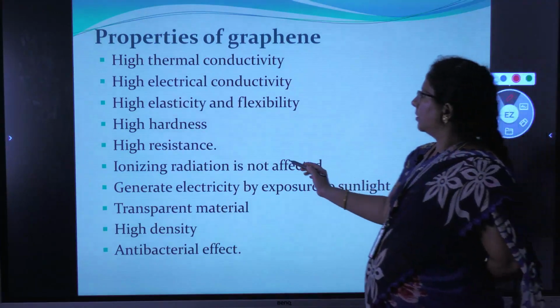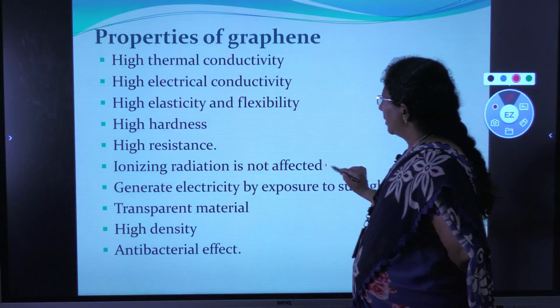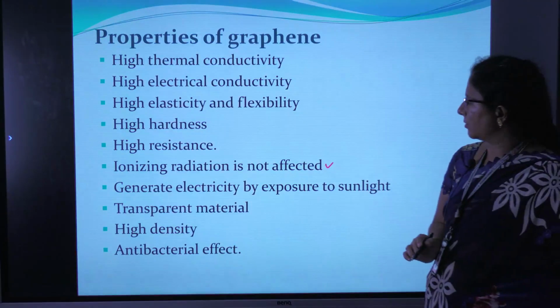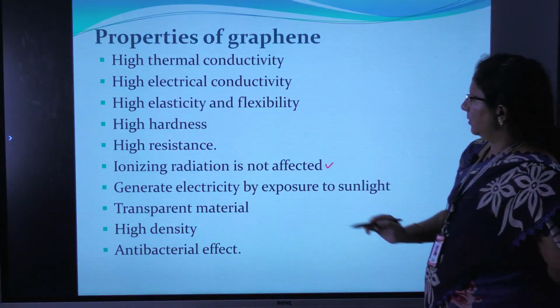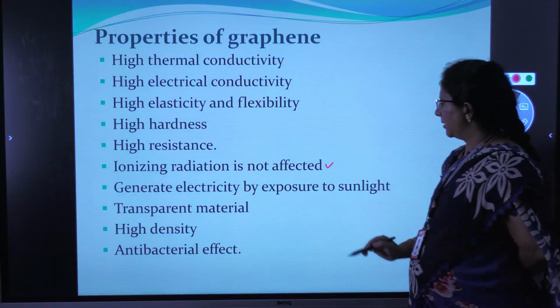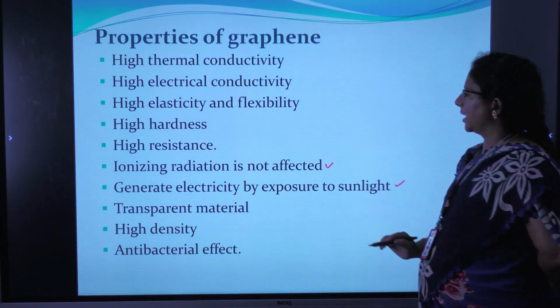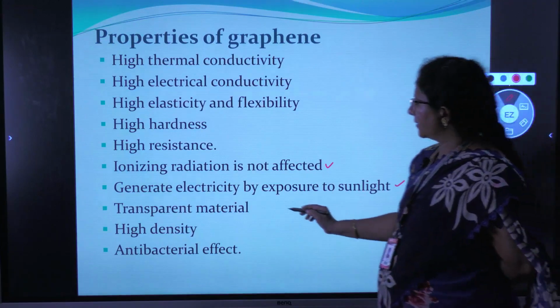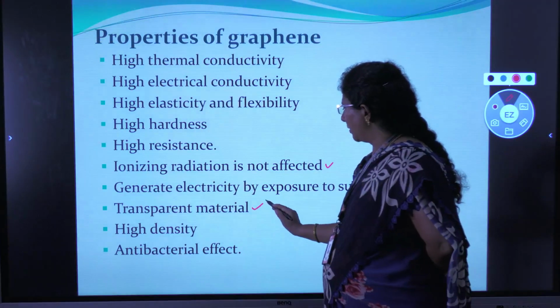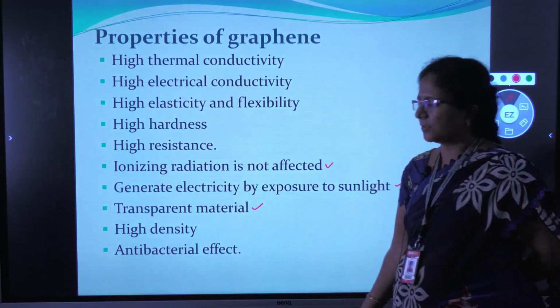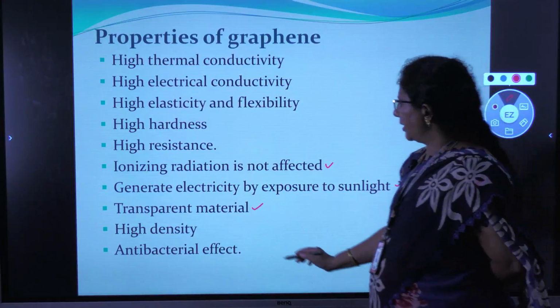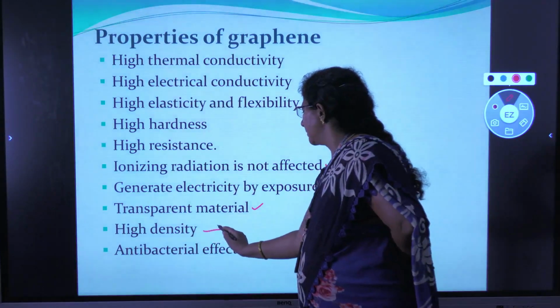Ionizing radiation does not affect graphene. And graphene generates electricity by exposure to sunlight. Graphene is not only the thinnest material, it is also a transparent material. Graphene has high density.